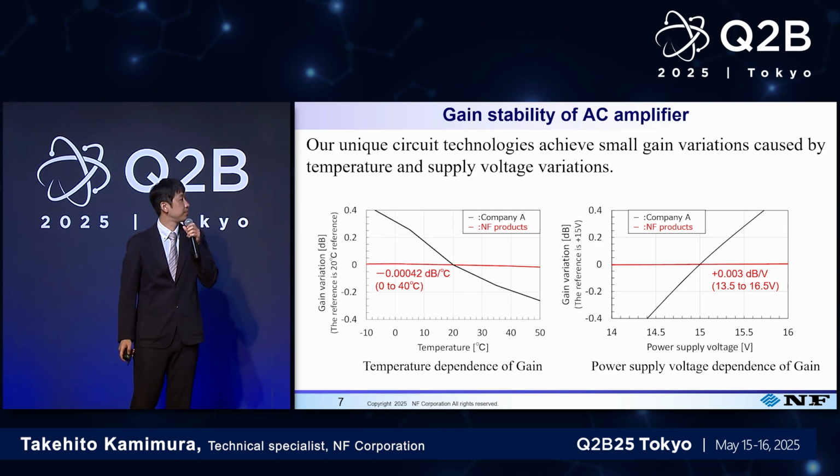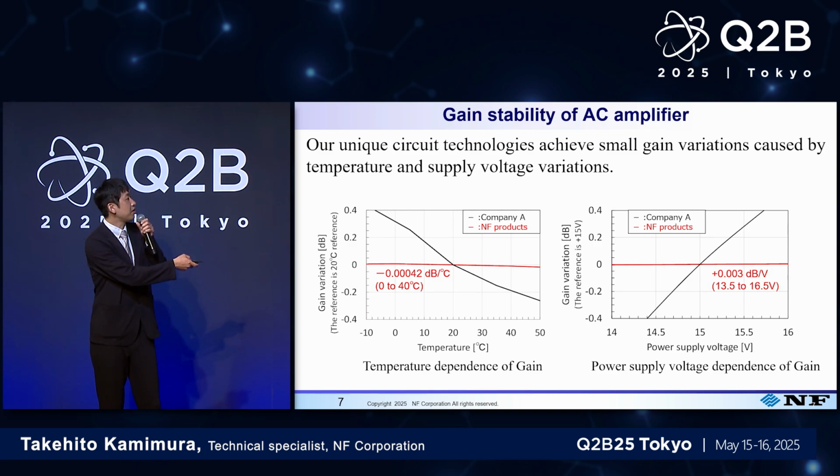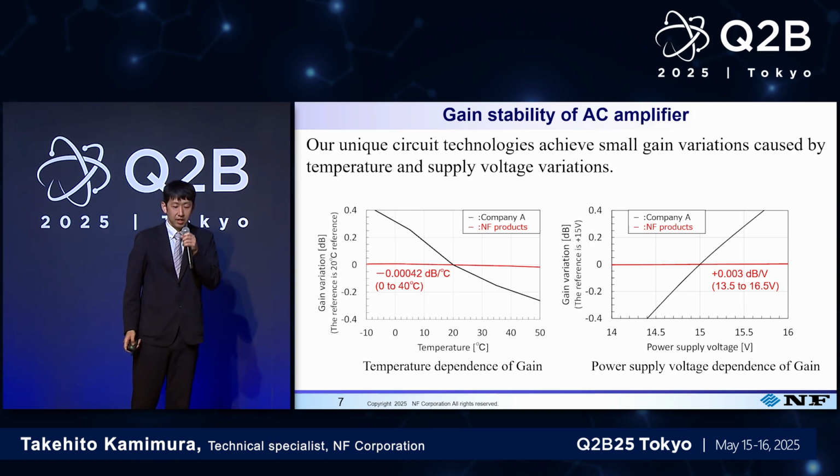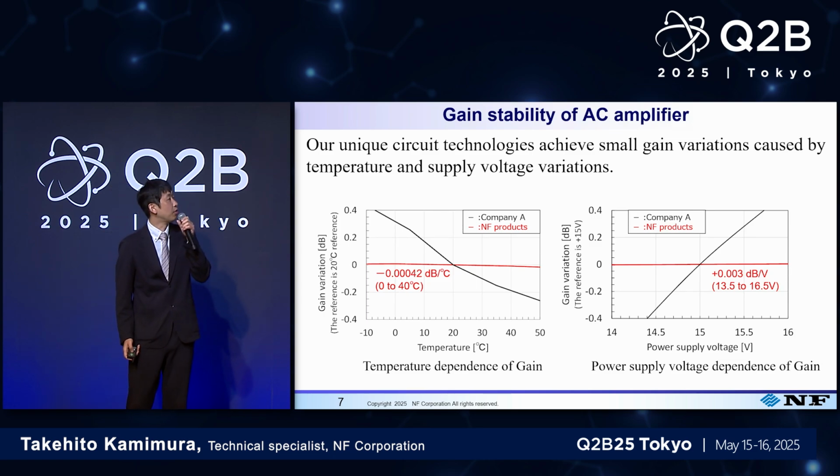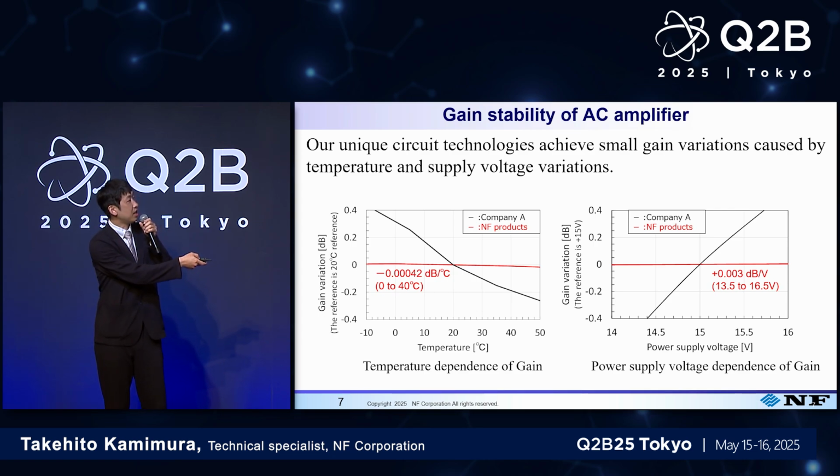Now, moving on to the stability of the gain. The left-hand side is the temperature dependence of the gain. In the actual measurement, it is 0.00042 decibel, so it gets almost no impact from the temperature.